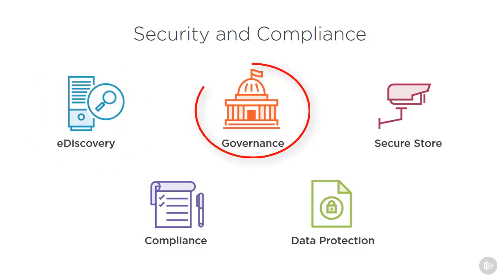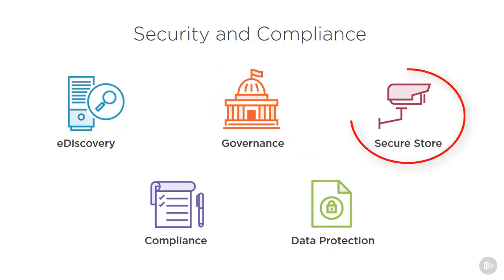Governance is defined by Microsoft as the set of policies, roles, responsibilities, and processes that control how an organization's business divisions and the IT teams work together to achieve its business goals. The Secure Store is a service that provides storage and mapping of credentials such as account names and passwords, and this is primarily used when accessing external data sources, and this is often configured along with the business connectivity services.